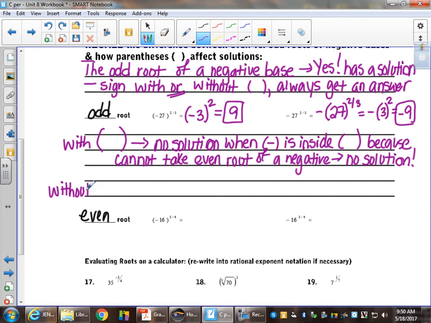Yep, but let's talk about without parentheses. Without parentheses, if there's no parentheses, what does it mean about the negative? Good. Negative is outside. The negative is outside the root and stays outside the whole time.